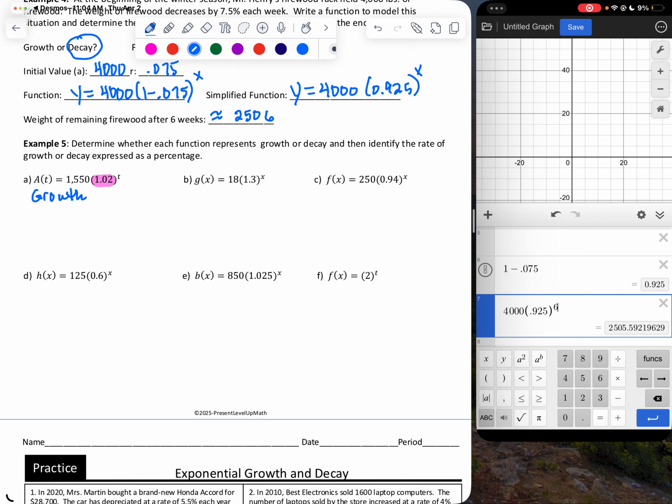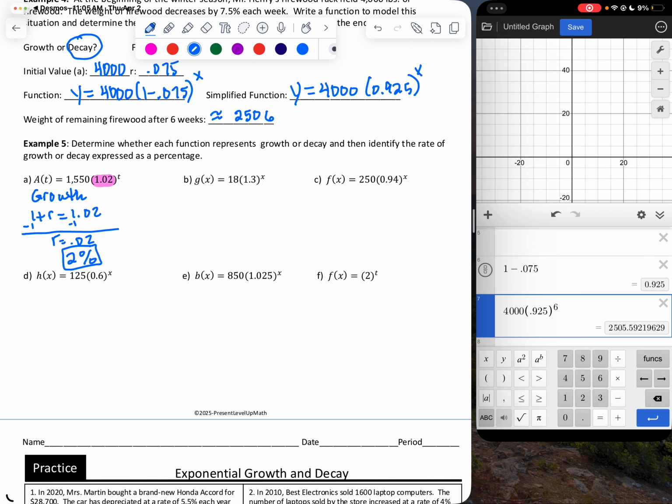To find the percentage growth, you take your formula, 1 plus r, because it was growth, equal to whatever is in the parenthesis, and then you solve for r. I would subtract 1 from both sides. So the rate would be 0.02, and then you express that as a percentage. Move your decimal 2 places. This would be 2% growth.